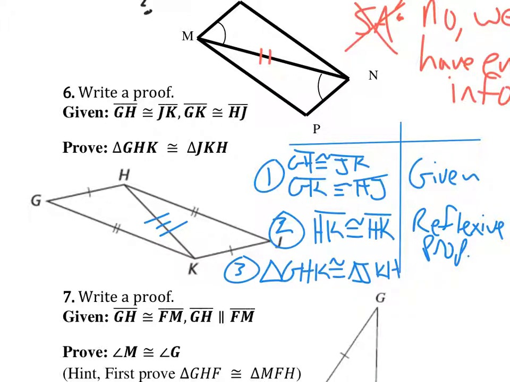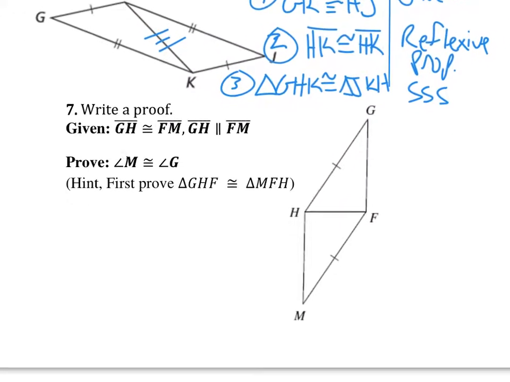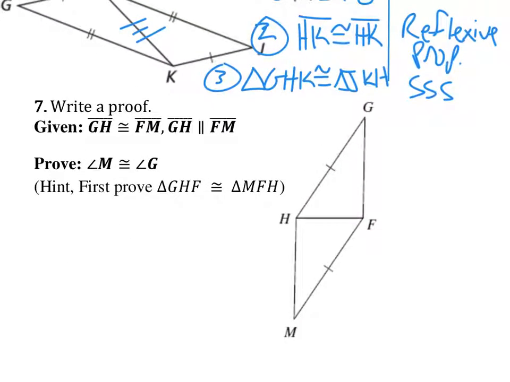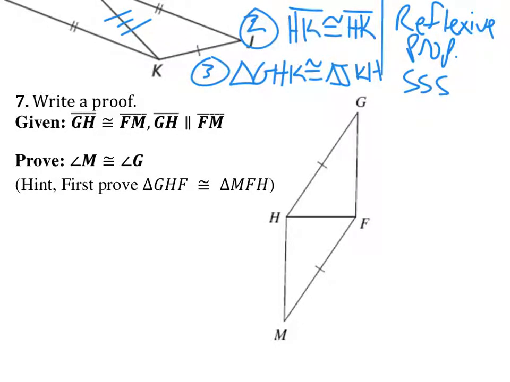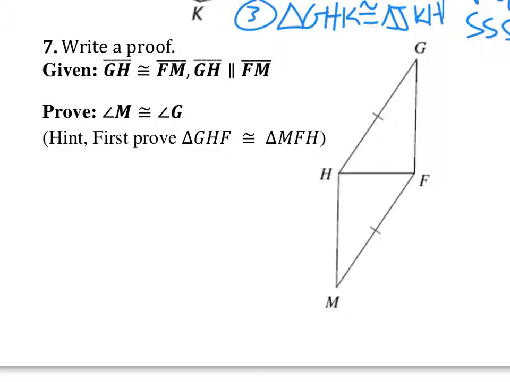What's our reason? Side, side, side. So we're doing exactly the same thing that we've been doing in the previous problems, but now we're just getting a little more formal. We've got some statements, and some reasons to prove them congruent.